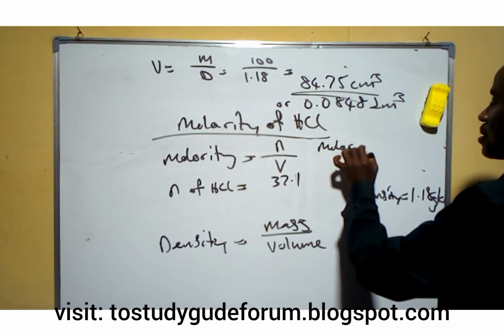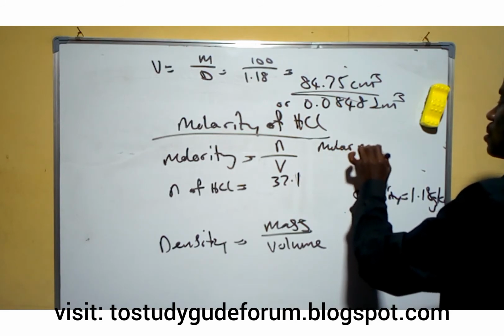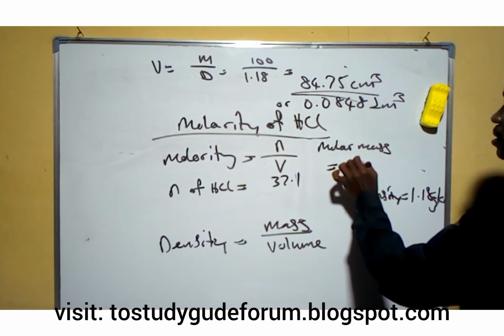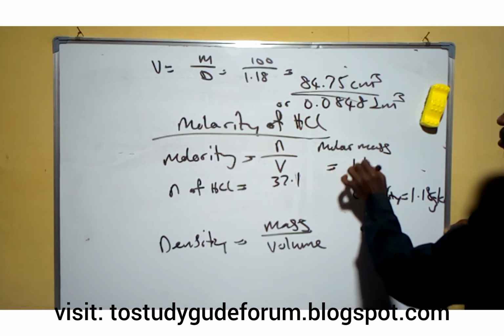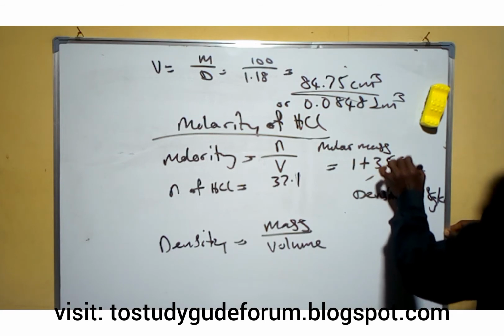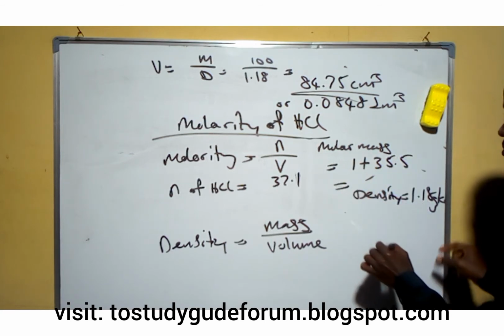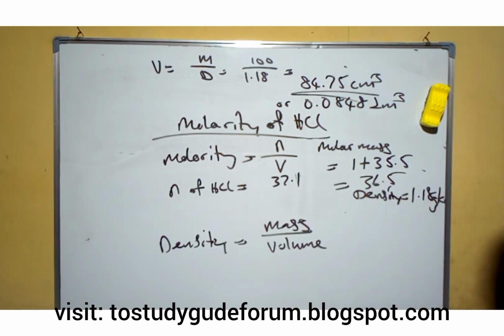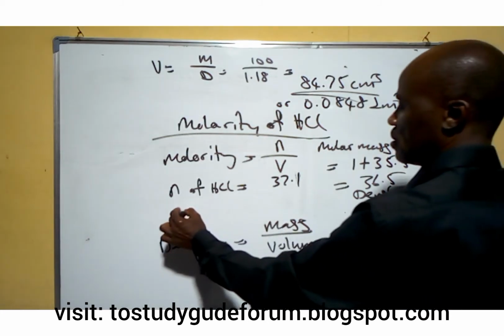The molar mass will be 1 plus 35.5, which will be equal to 36.5.